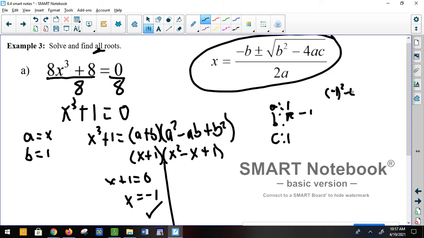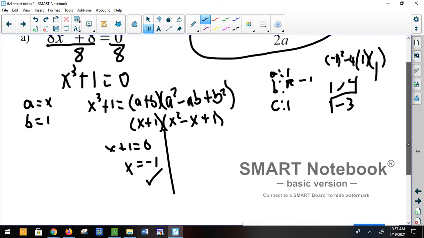And then it's minus 4 times A, which is 1, times C, which is 1. Negative 1 squared is 1, and then negative 4 times 1 is negative 4. So you're going to end up with 1 minus 4, which is negative 3. So that's the number under the square root. So let's take the square root of it, and you get i root 3.